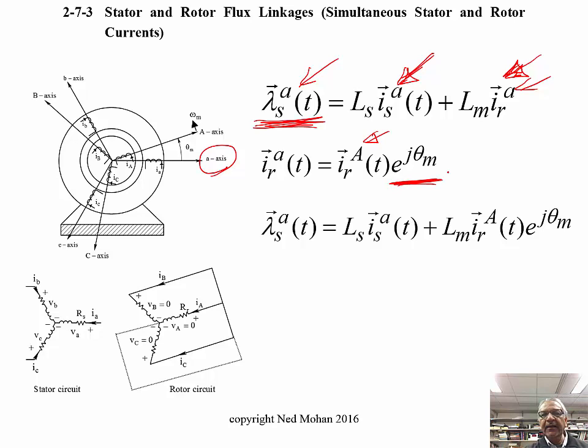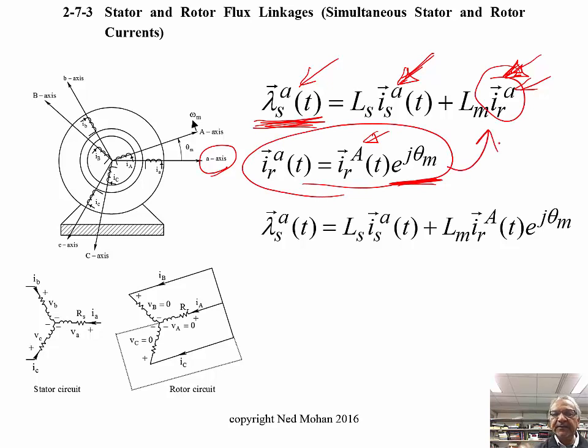So when you plug in for this from this equation over here, we get this equation here. And we see immediately that this flux linkage of the stator is dependent upon the rotor position, theta sub m, okay?